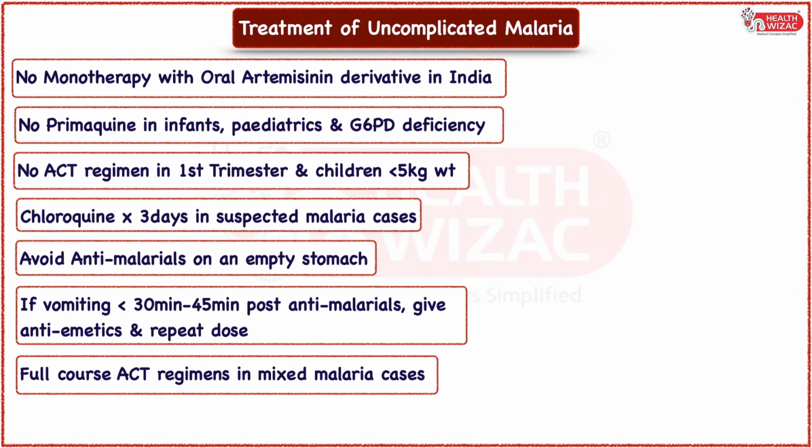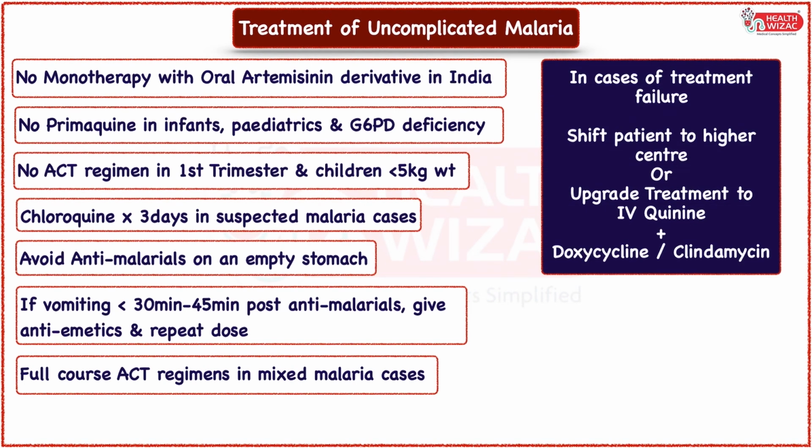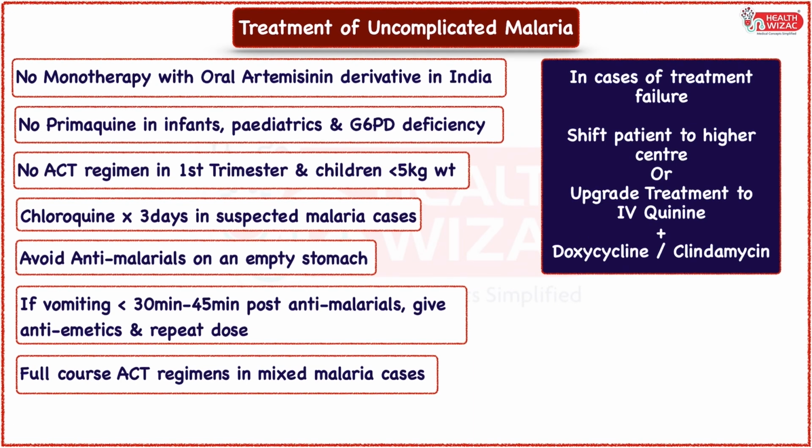In cases of ACT failure or resistance, that is the patient is not improving or having high grade fever within 72 hours post initiation of treatment, he should be shifted to a higher center, or the regimen should be shifted to IV quinine along with doxycycline or clindamycin, which will be discussed in the section of complicated or severe malaria.